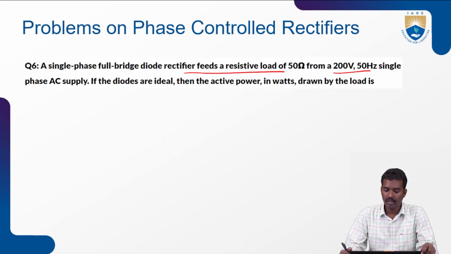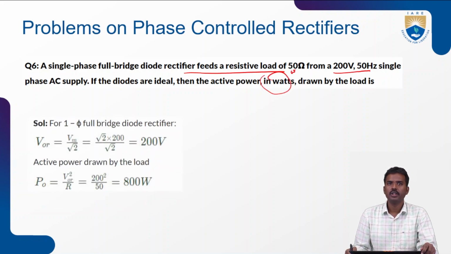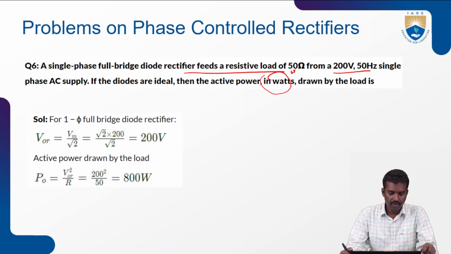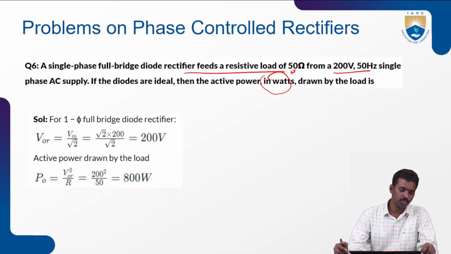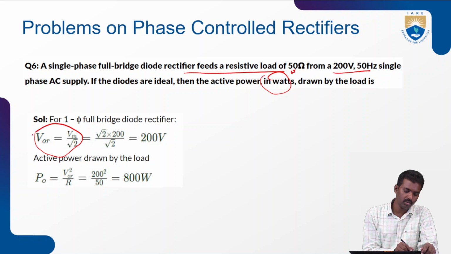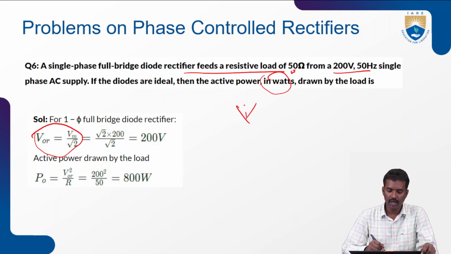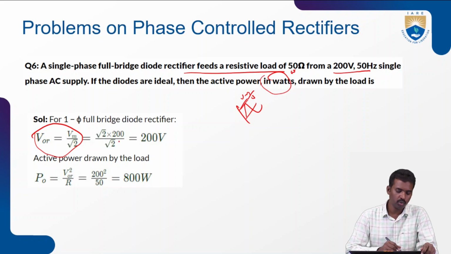Calculate the active power drawn by the load, in watts. Now if you see the formula, the RMS value of output voltage equals the maximum value Vm divided by root 2.